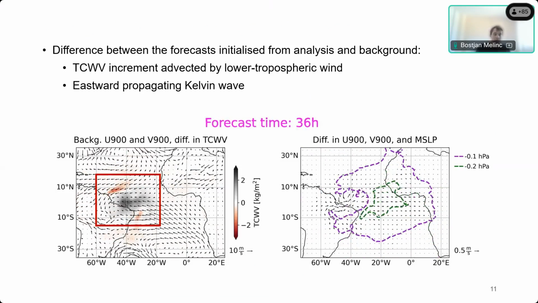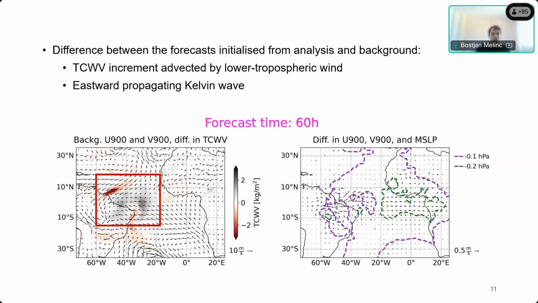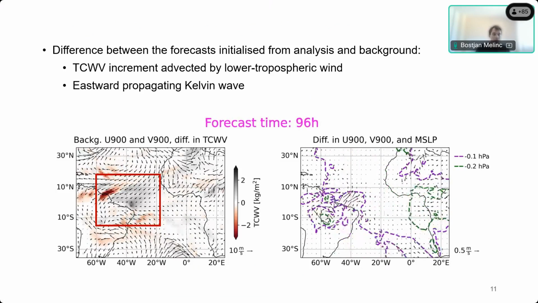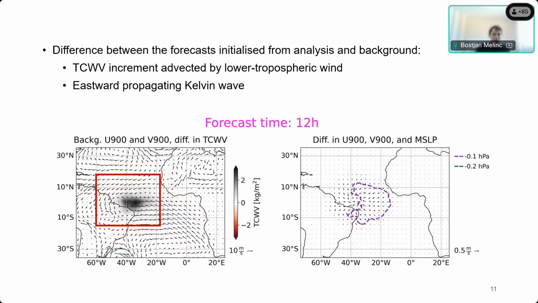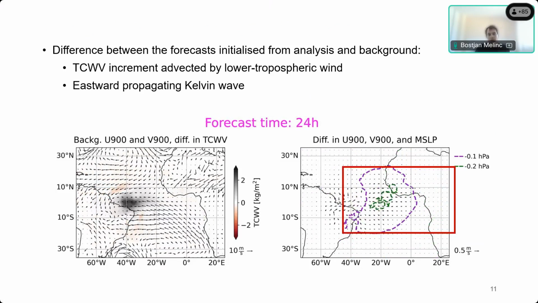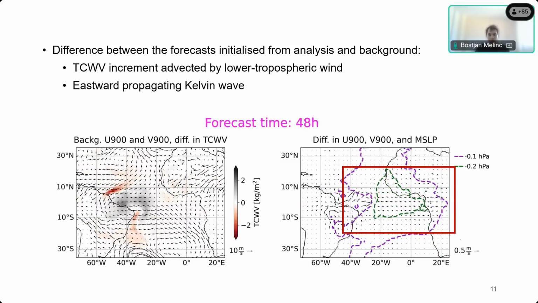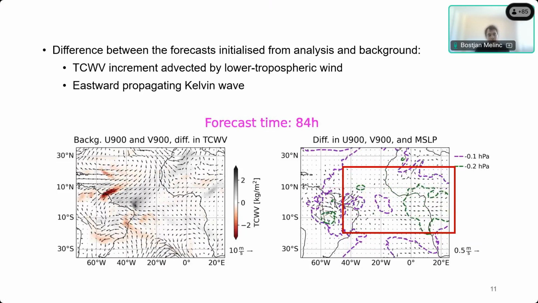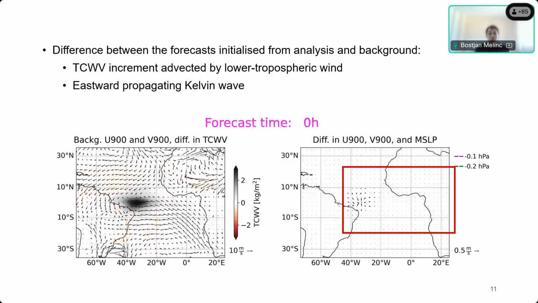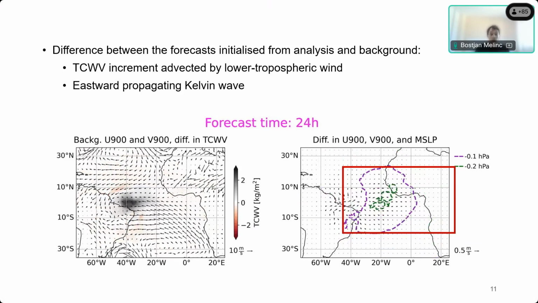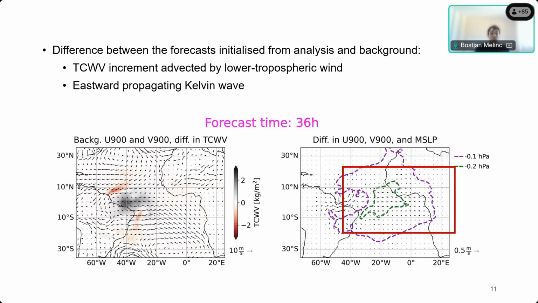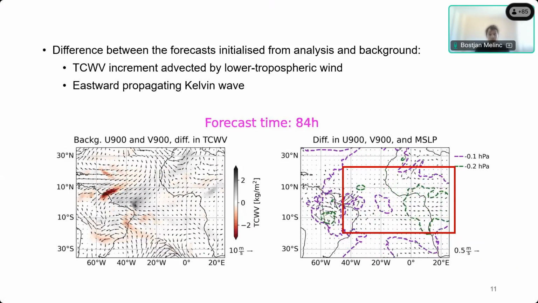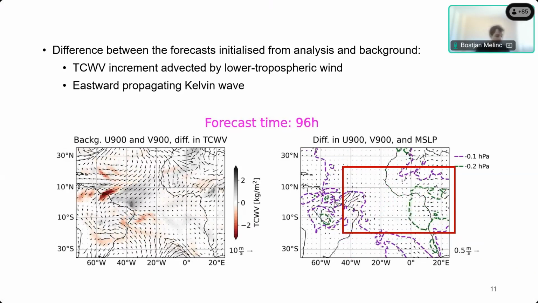And this time, the total column water vapor increment is advected by the low tropospheric wind until it hits the coast of Brazil, while the 900 hectopascal wind increments indicate that we have an emerging eastward propagating Kelvin wave. So all in all, also in the tropics, we have analysis increments and the resulting forecasts, which make sense.